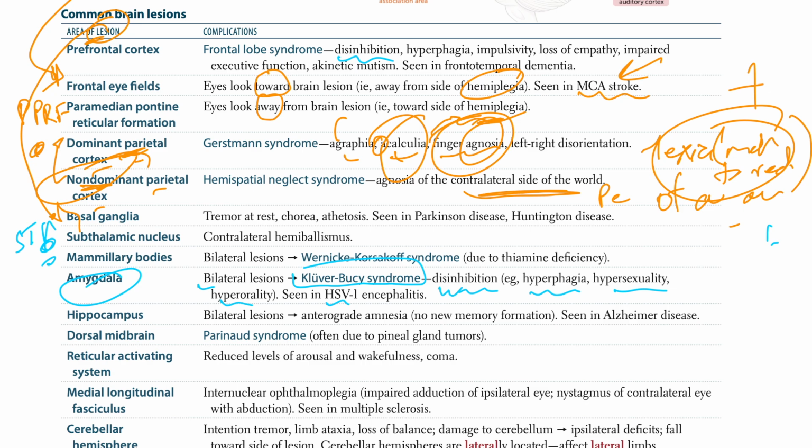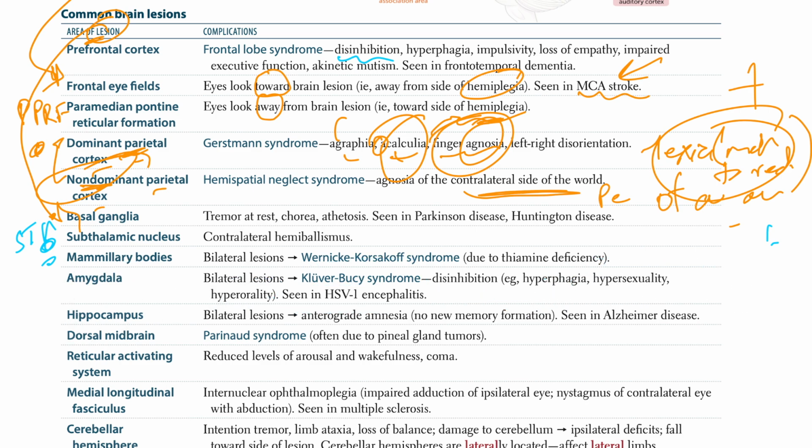Okay, so what's going to happen is these patients, with hyperorality, for example, would like to examine everything with the mouth. And with hyperphagia, they will have weight gain, and with hypersexuality also being there. And that's with the bilateral amygdala lesion.